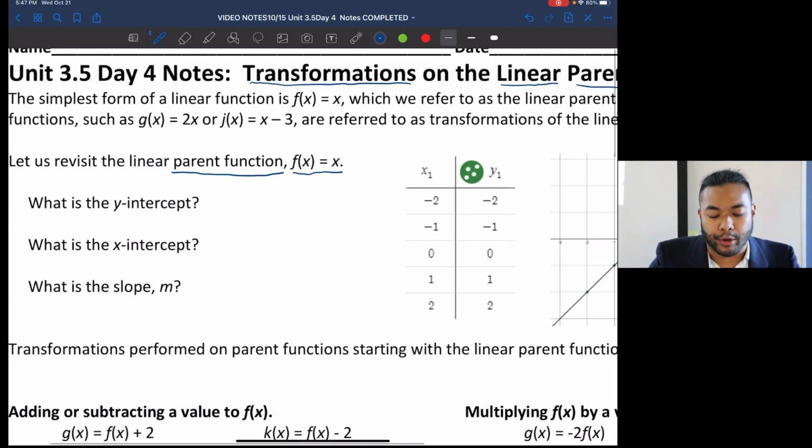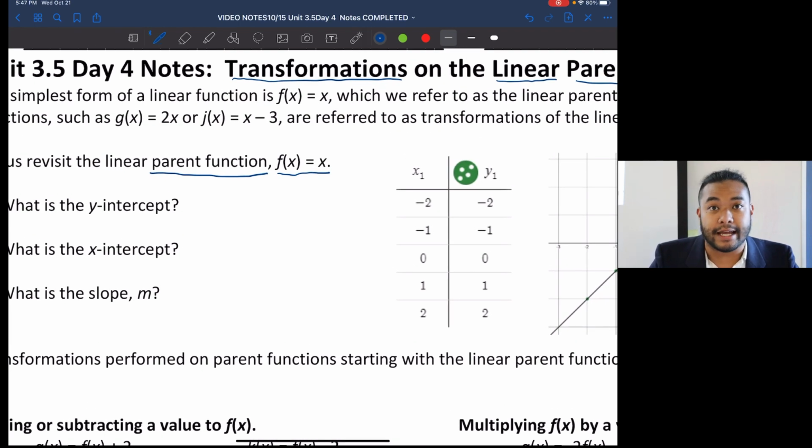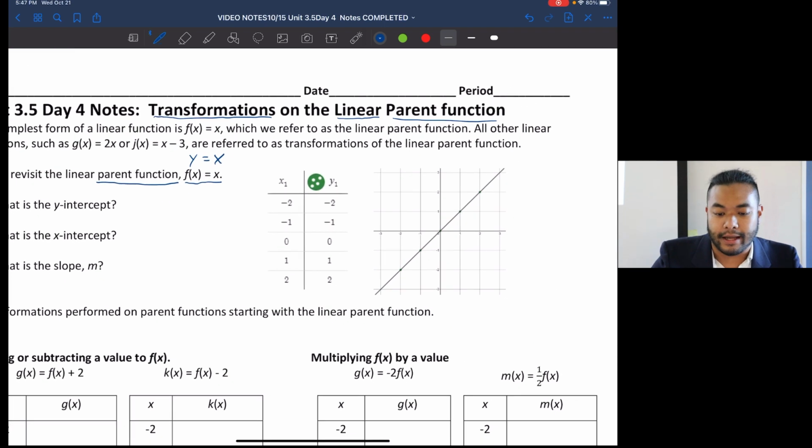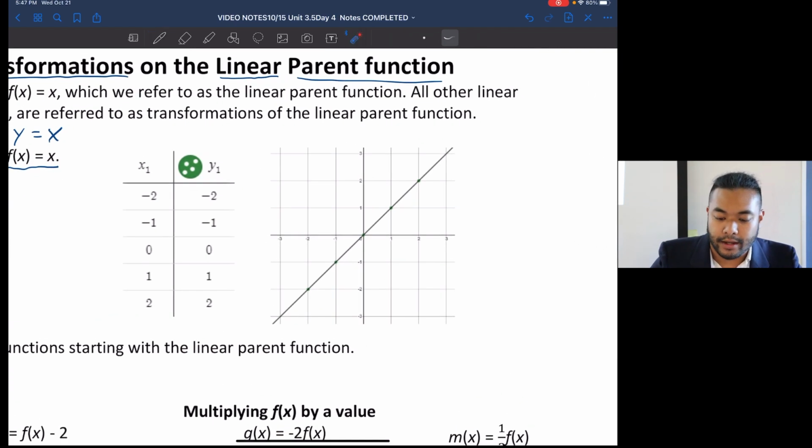If we remember, f of x is the same as the variable y. So if we rewrite f of x as y, then f of x equals x is the same as y equals x. Looking at this graph, this is the line y equals x.